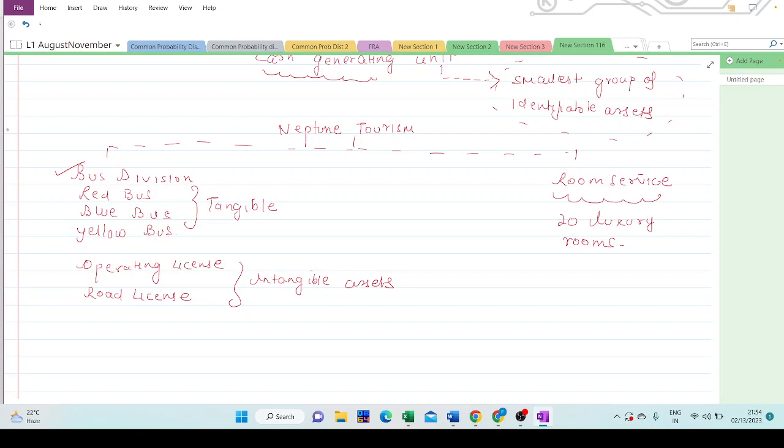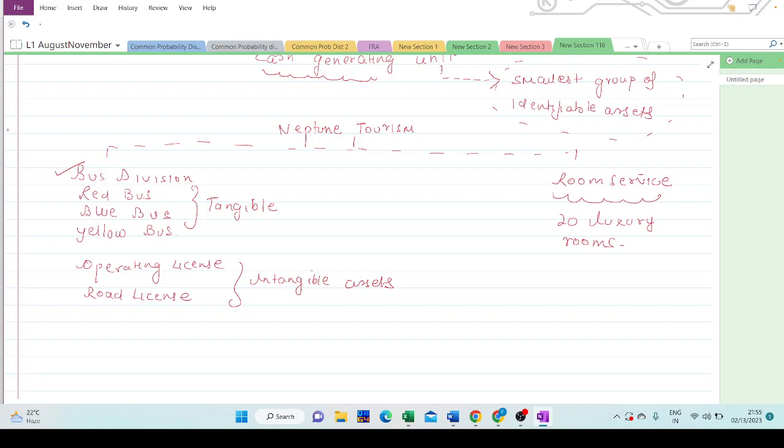A student answers: I think the answer would be no because they need human resource to run those buses. Human resource is not appearing on the balance sheet, right? So with licenses and buses, you can generate revenue, you can generate cash.